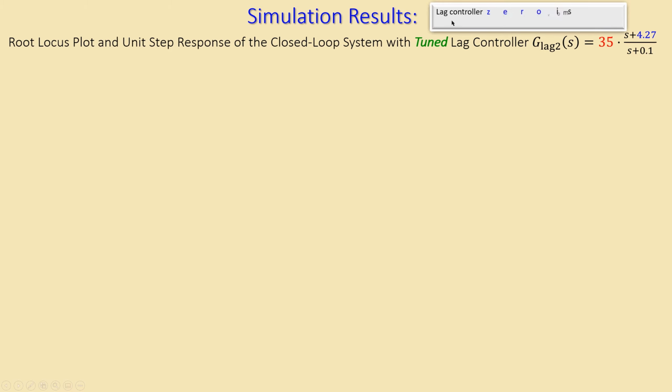So in summary, the lag controller zero is moved all the way here, so it's actually 6 times to the left-hand side of the complex plane, and the gain is reduced from 40 to 35. So I've made 2 changes. I just played around with the controller tuning tool of MATLAB, and I've seen that this is what you can get at best if you use the headroom of your overshoot.